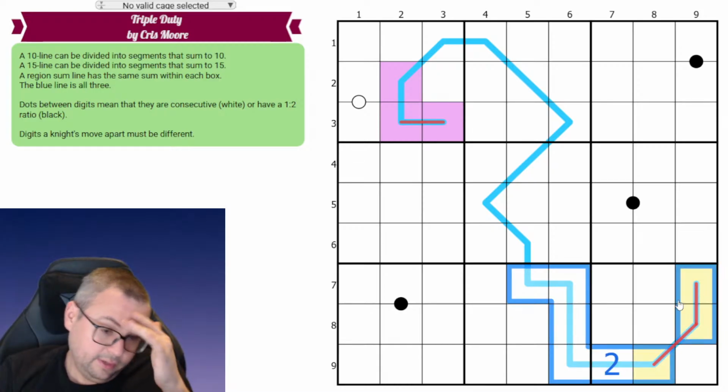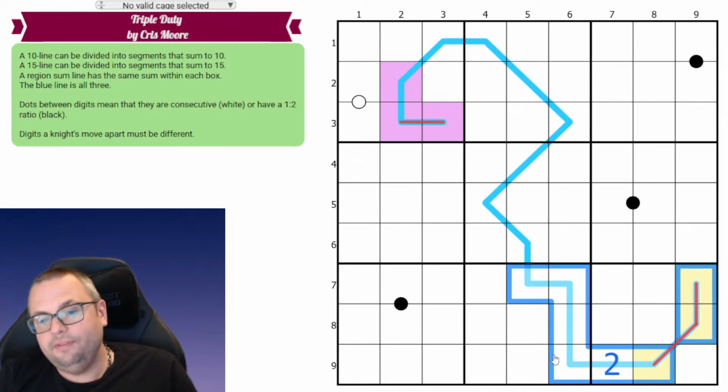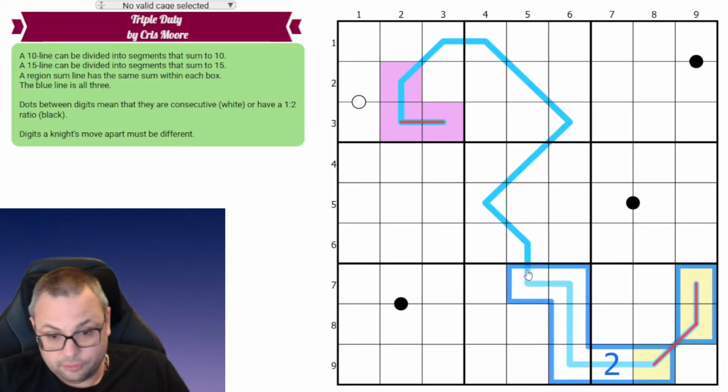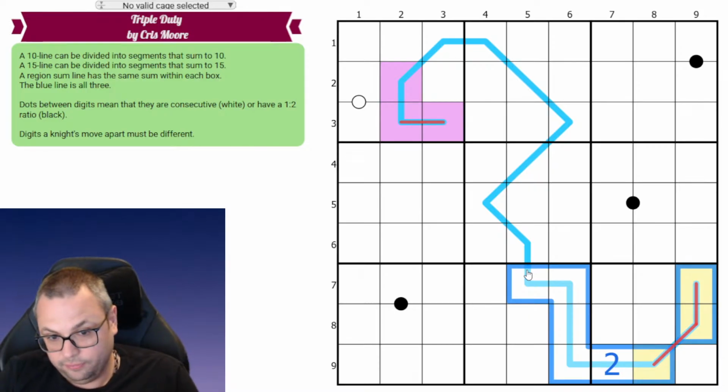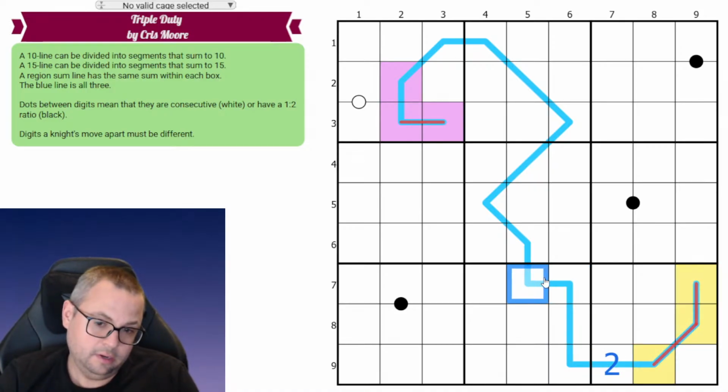So inside this box, by the end of here, I've gotten to a sum of 24. So I've got 4 floating. And the 4 floating has to be an actual 4, because I know there's a 1 or a 3 here.